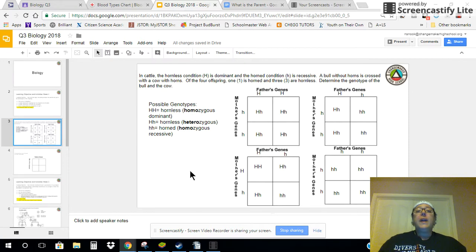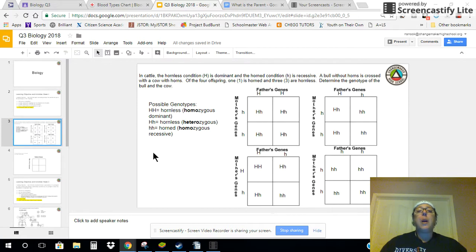A bull with horns, so that means little h, is a bull without horns. So we don't know if he's big H, big H or big H, little h, is crossed with a cow that has horns. So we know for sure that she is little h.